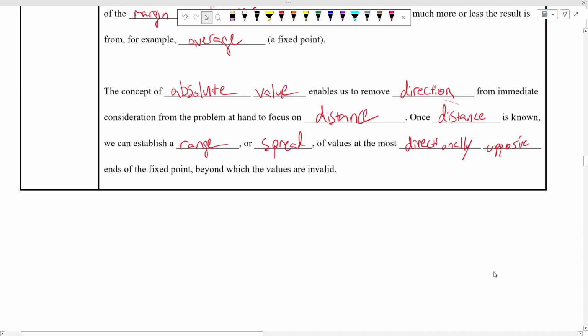In fact, not even just beyond, even in between, right? That's the whole idea, we want just the set distance between our fixed points.